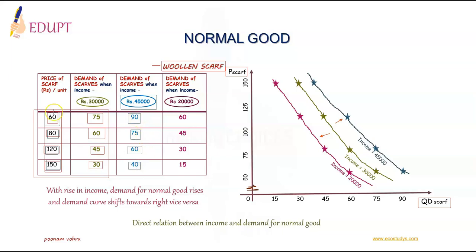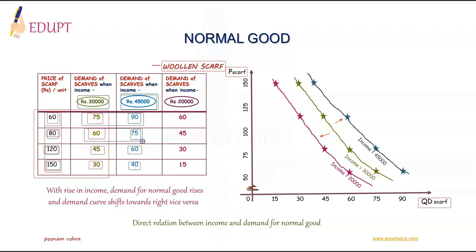Here also one notices the inverse relationship between price and quantity demanded, but one can also observe that with increase in income from 30,000 to 45,000, there has been an increase in quantity demanded in each case.